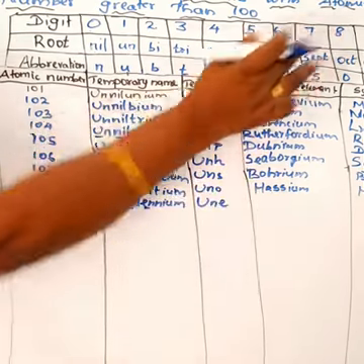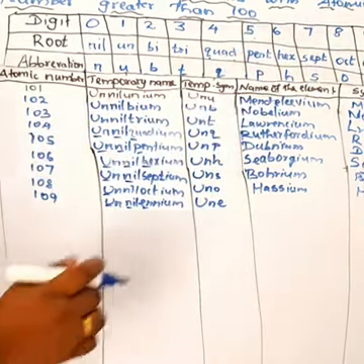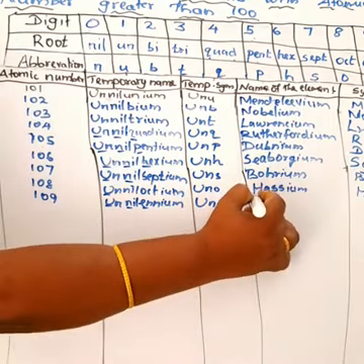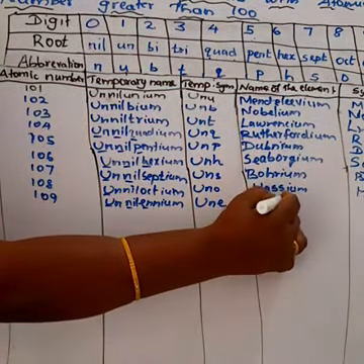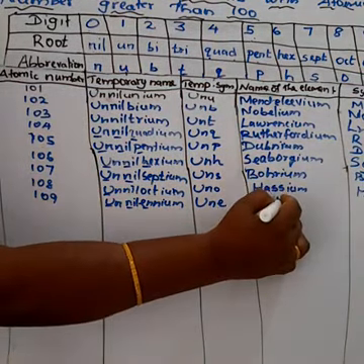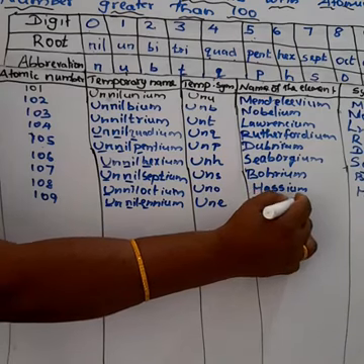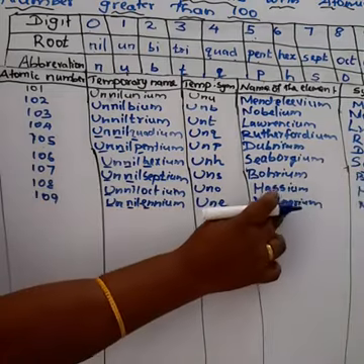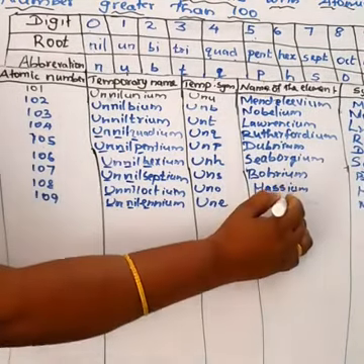What is the element name for 109? Meitnerium, symbol Mt. Understood?